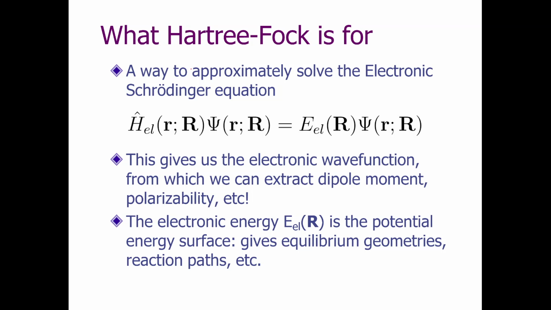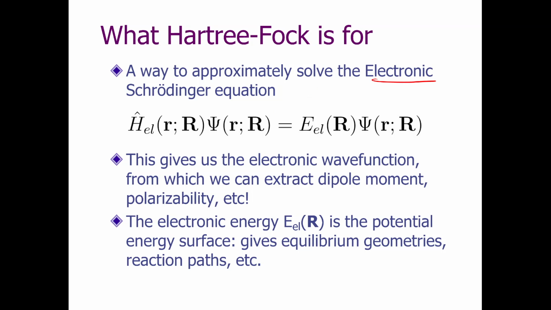So what is Hartree-Fock for? We actually don't know the exact eigenvector for the Hamiltonian of the multi-electron system that we are dealing with. So this is basically an electronic Schrodinger equation, right?